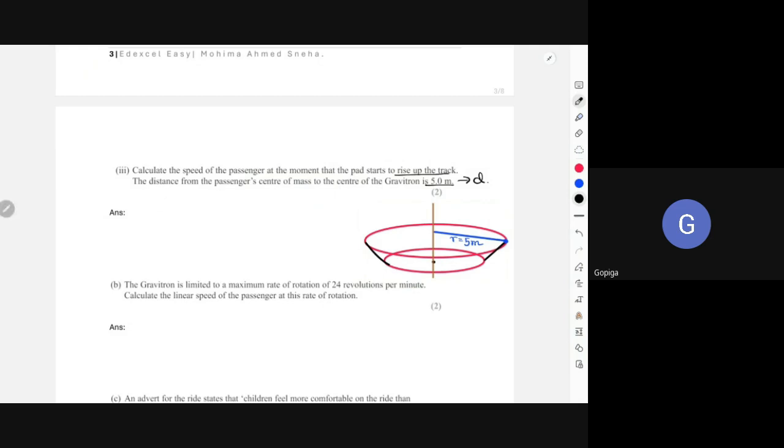Another thing, which velocity am I trying to find out? Can anyone tell me? Am I trying to find out tangential velocity or angular velocity? The tangential or angular? Which one?